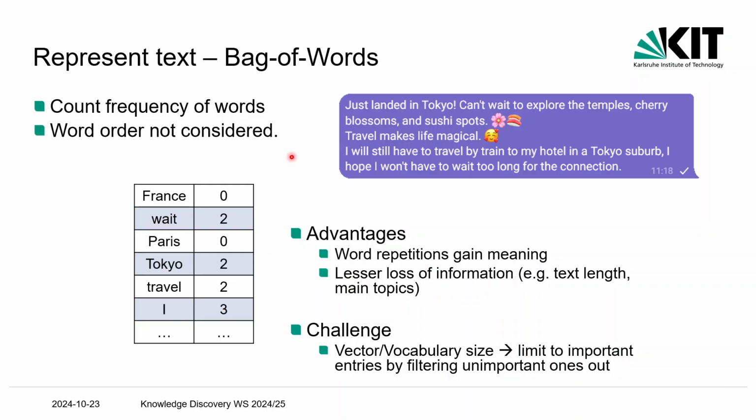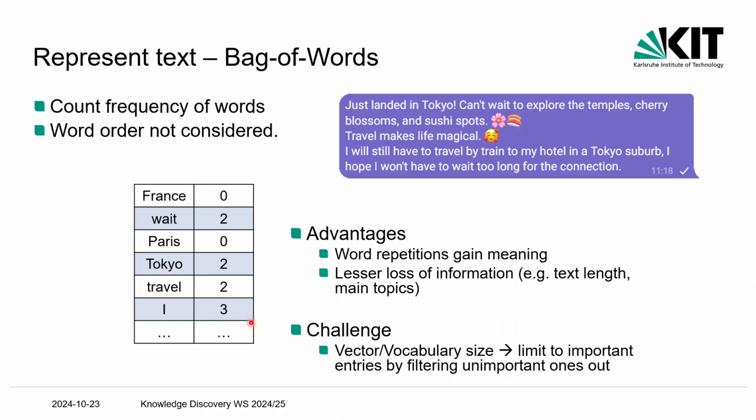And there's a lesser loss of information, for instance, the text length. Assuming we have a perfect match with the vocabulary, we could just add up all these frequencies, and then we'd know how many words we have in a document.